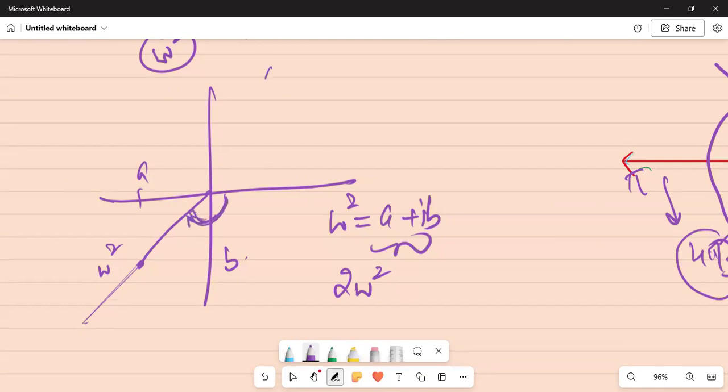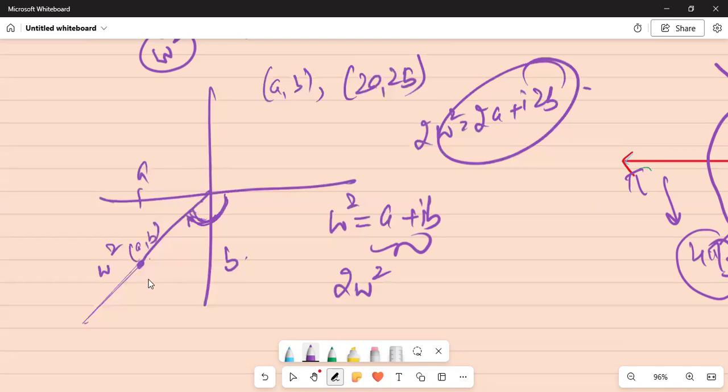Because you know that this point is AB and 2A, 2B, if we multiply to omega square, then we get 2A plus iota 2B. So this just increases in magnitude, but this doesn't change or affect the principal argument.